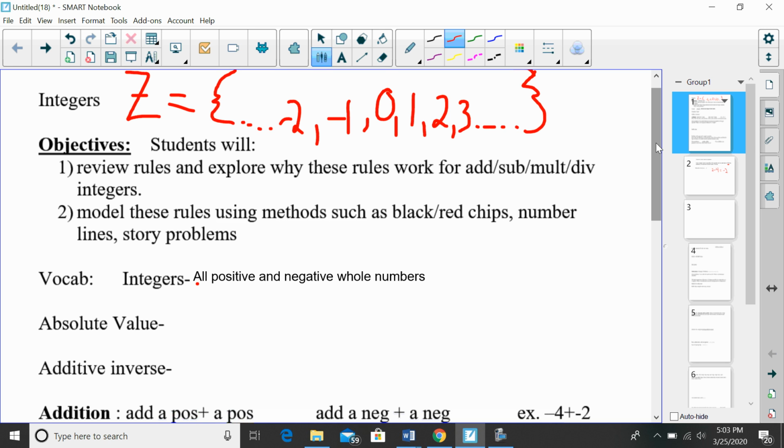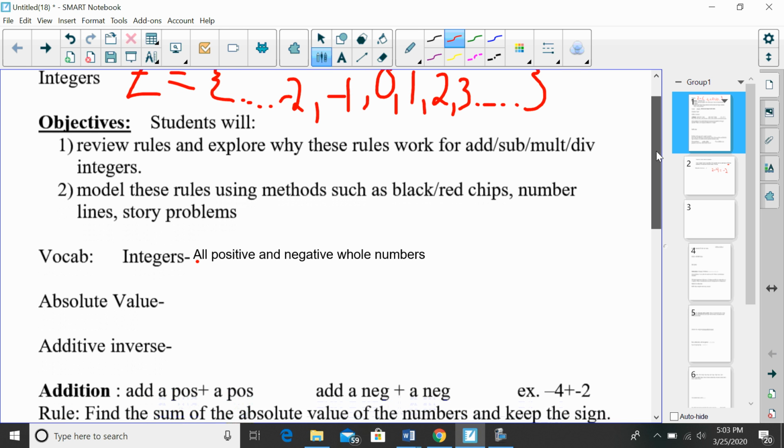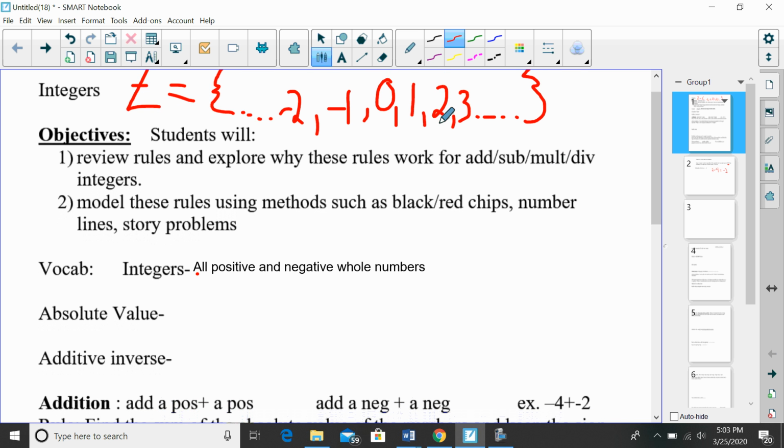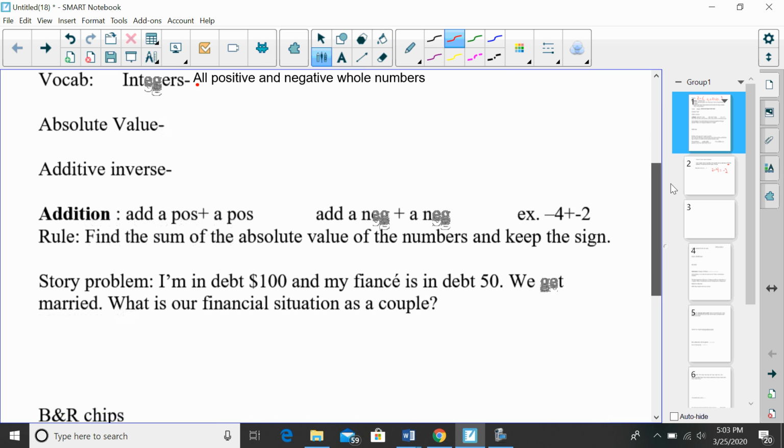Of course, we can't divide integers in every possible case without getting outside of our set. And so later we're going to talk about what's called rational numbers. Rational numbers includes fractions, repeating or terminating decimals, right? And we have to go into this set of rational numbers because we're going to divide our way out of the integers.